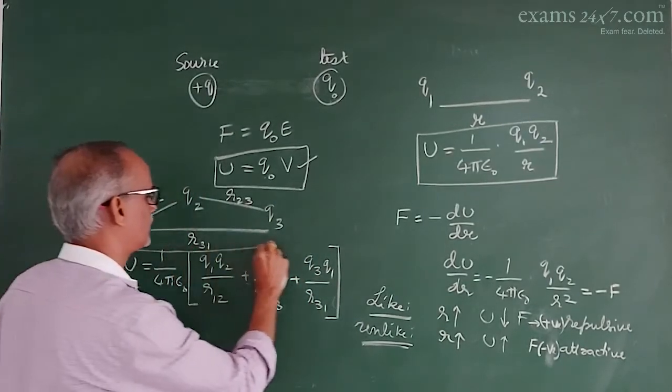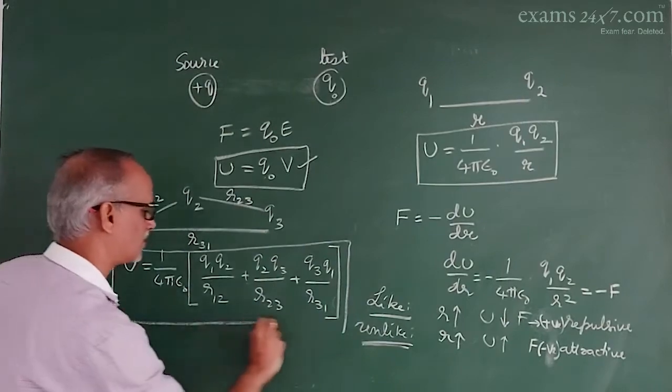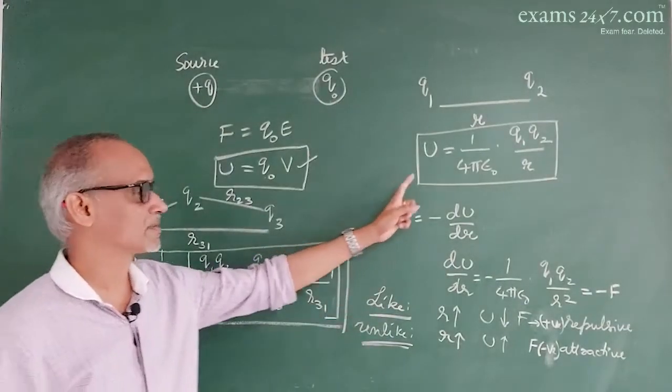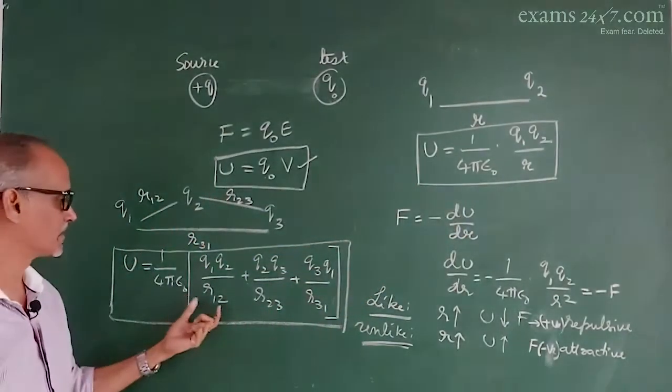So this is the formula for energy stored in the system of 3 charges. The energy stored in the system of 2 charges, this is in the system of 3 charges.